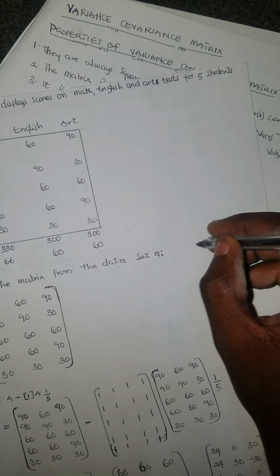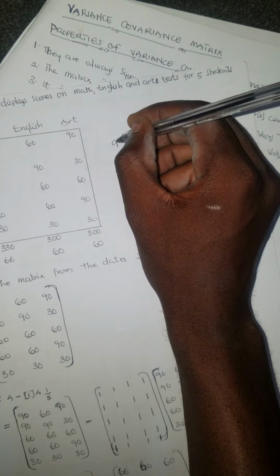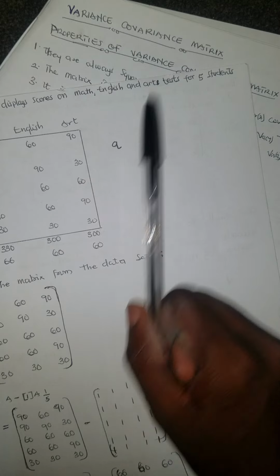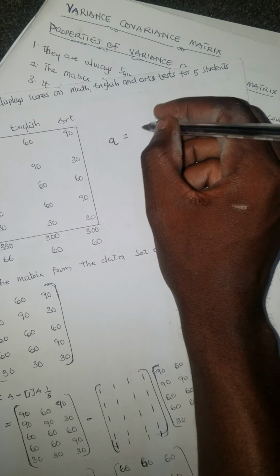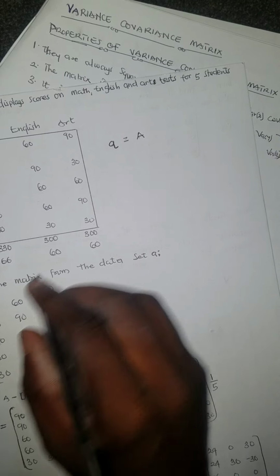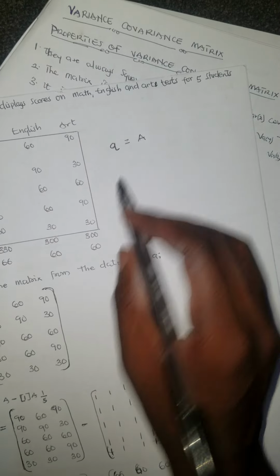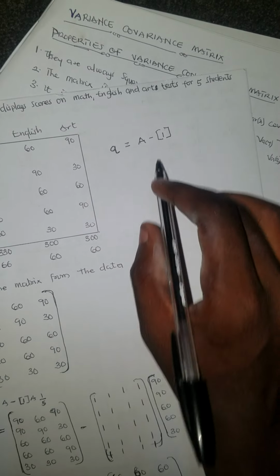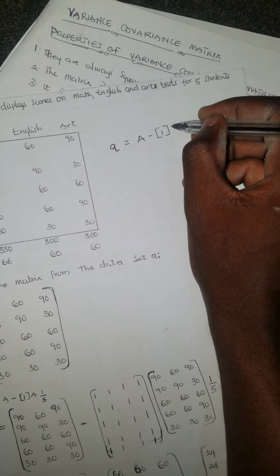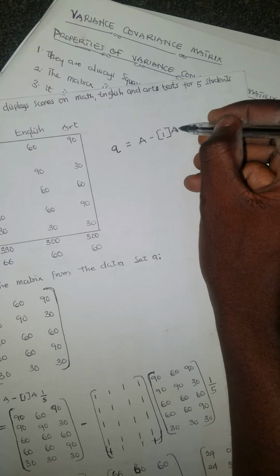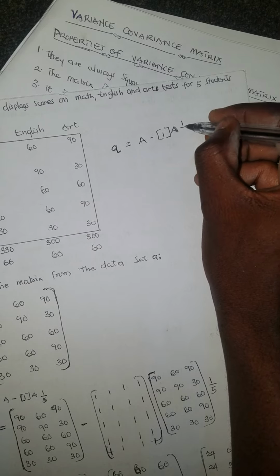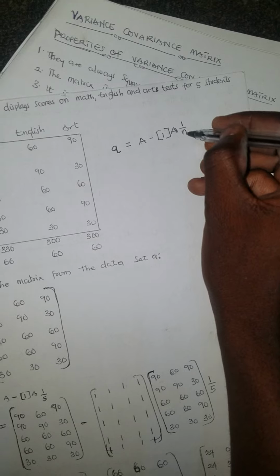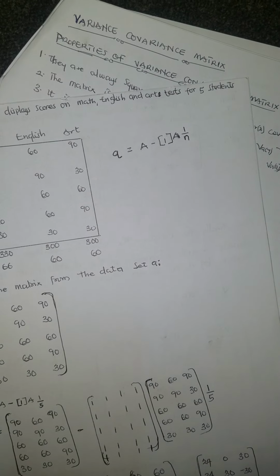Now there is a matrix called a deviation matrix, and let me represent it by A. To find a deviation matrix, it is equal to A, the matrix from the data set, minus the unitary matrix multiplied by A, multiplied by 1 over the number of population, the sample population, or the population given.